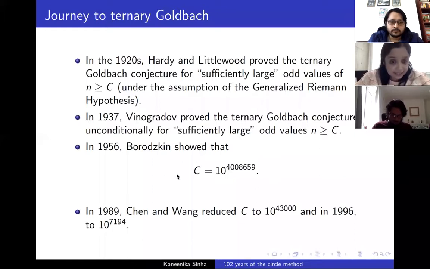So in 1989, Chen and Wang reduced the bound for C to 10 raised to the 43,000. So this is also a huge number, but much smaller than what we had before. And in 1996, they further reduced it to 10 raised to the 7,194, which is also a much smaller power, but still a big number.